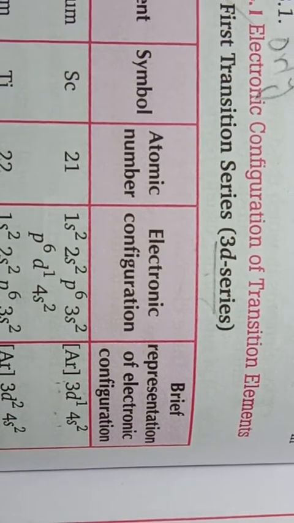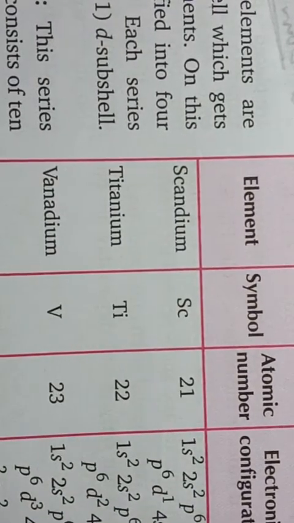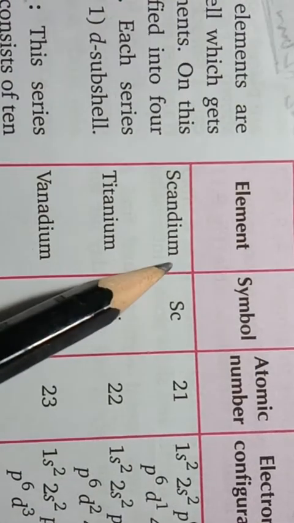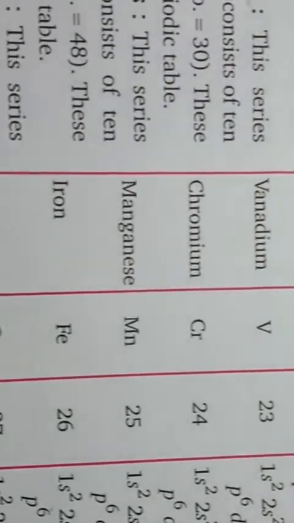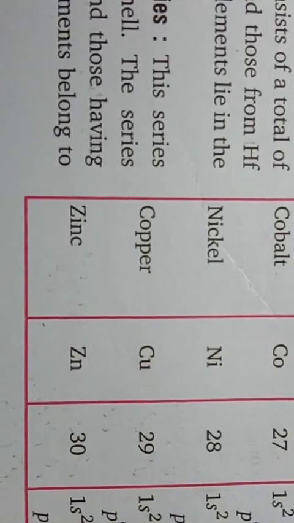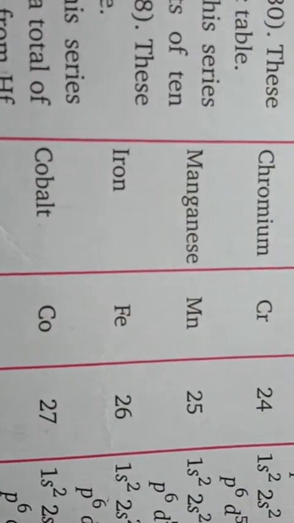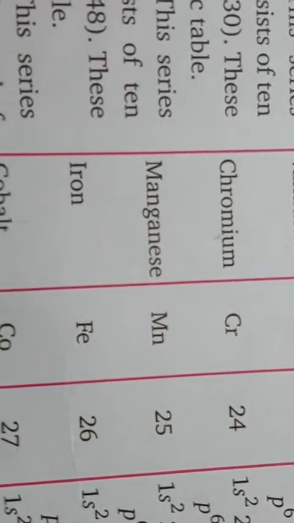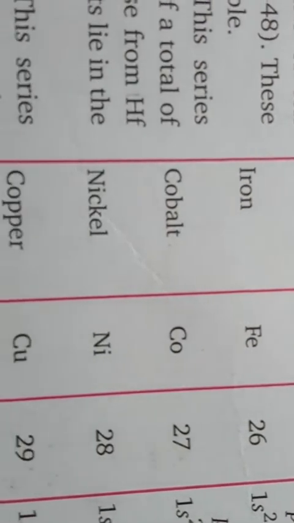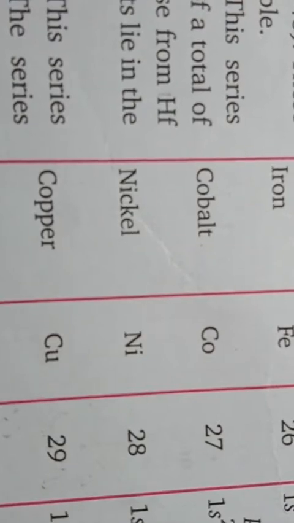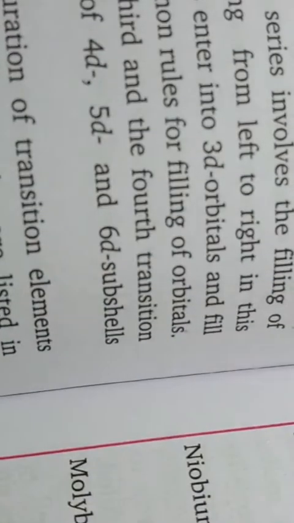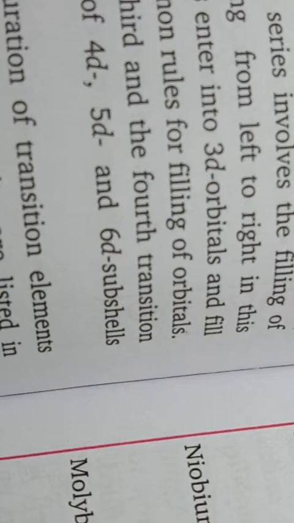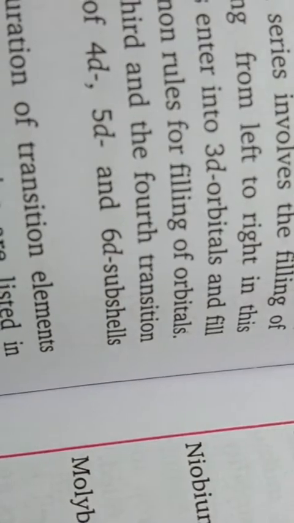Okay students, so the elements which are present in 3D series, scandium to zinc, last element is zinc, and in this series chromium and copper, these two are having exceptional configuration. Okay students, now we are moving to next page.